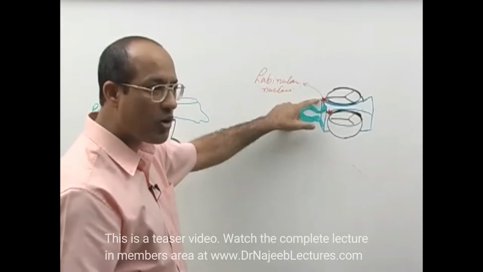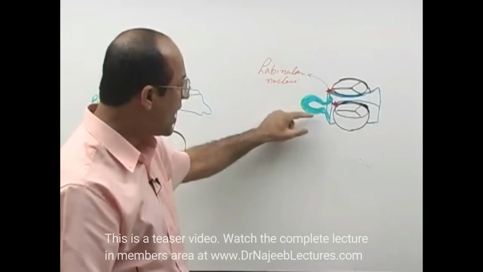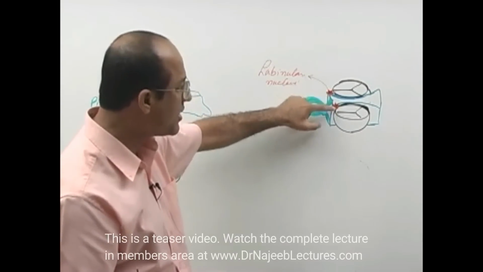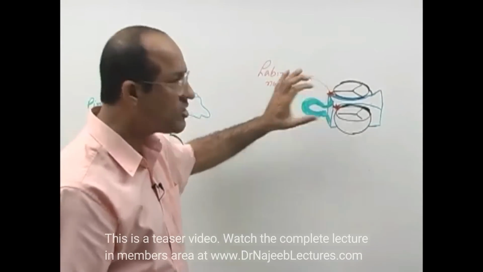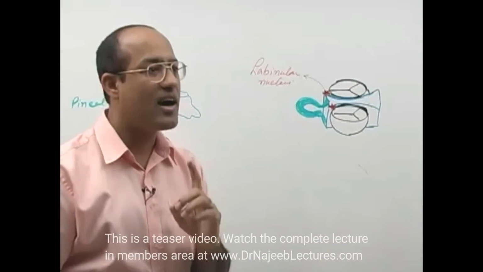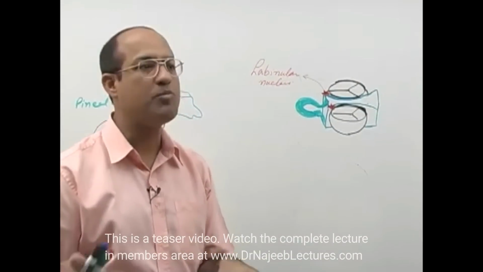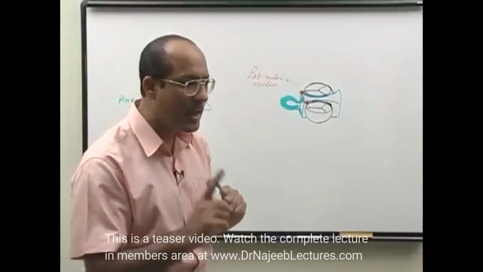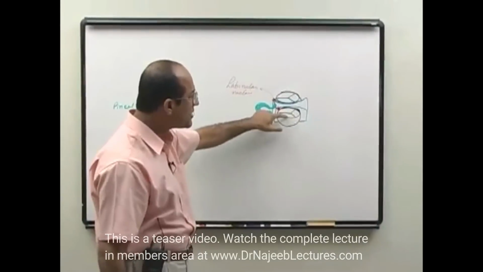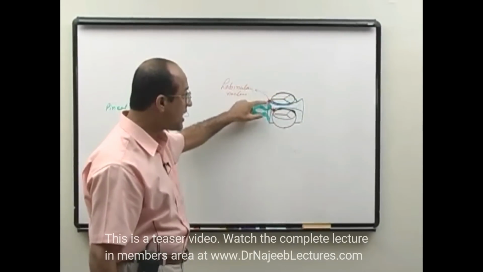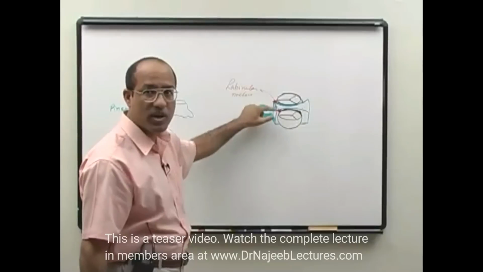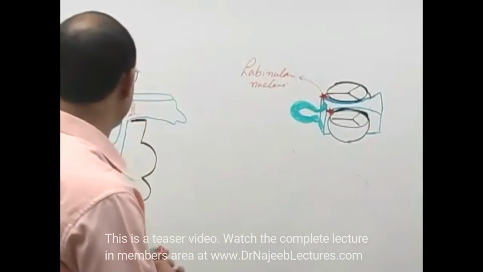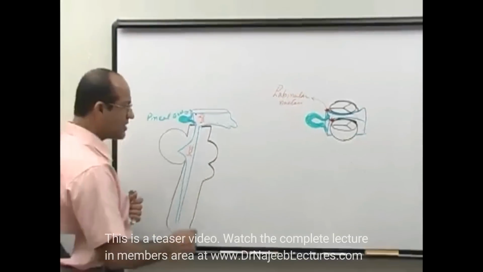Two. And how many pineal bodies are there? One. And these three structures, the pineal body along with the habenular nuclei, together are called the epithalamus. Now you know exactly where the thalamus is and where the epithalamus is and what structures are related with the epithalamus. Am I clear?